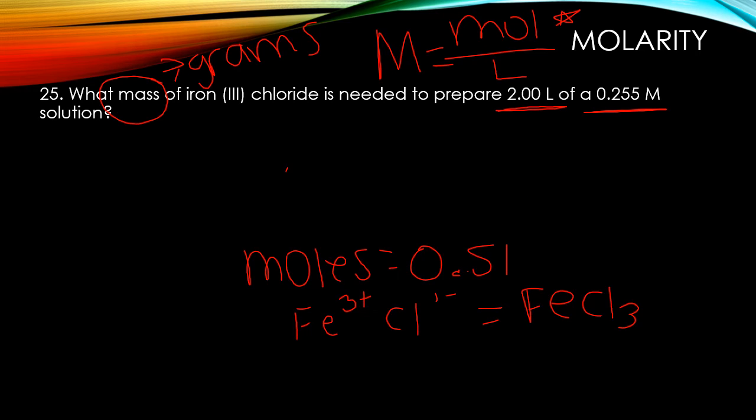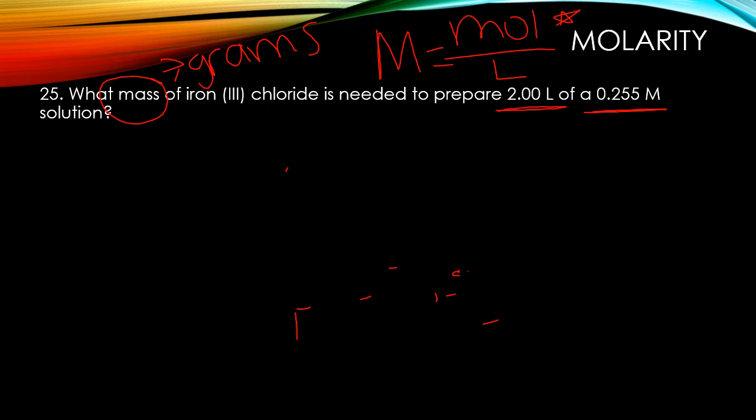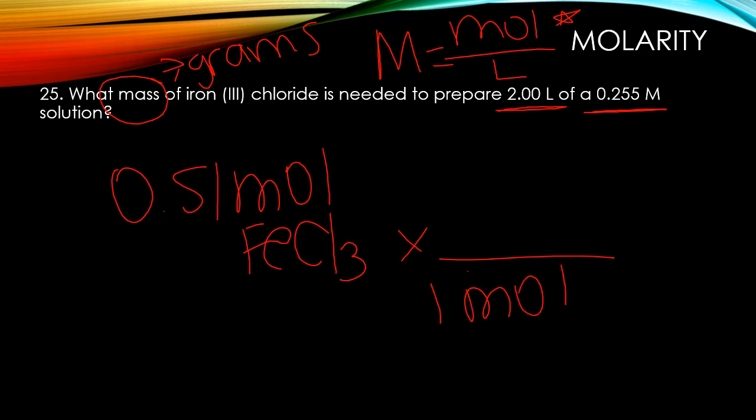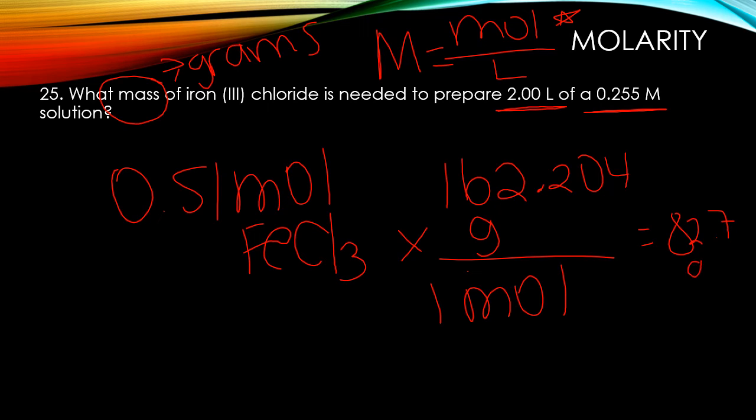So I have 0.51 moles of FeCl3. I'm trying to find the mass. 1 mole of it has 162.204 grams, and so that's 82.7 grams.